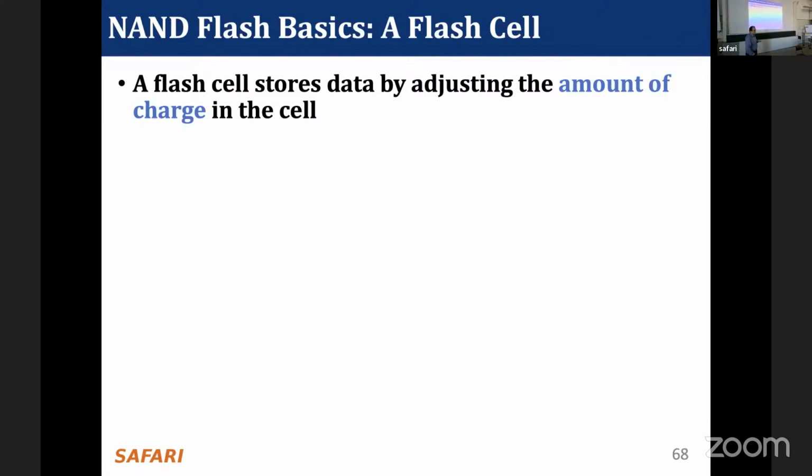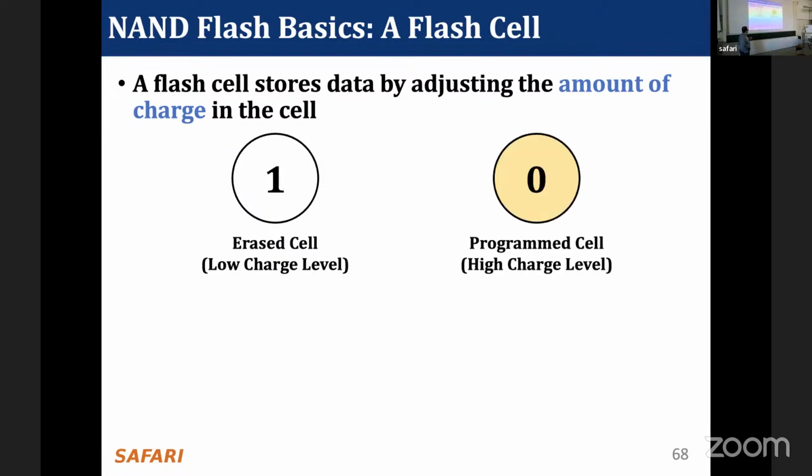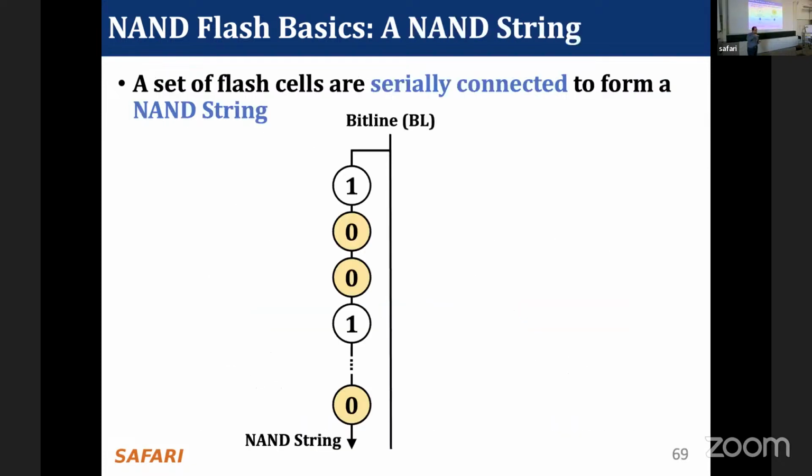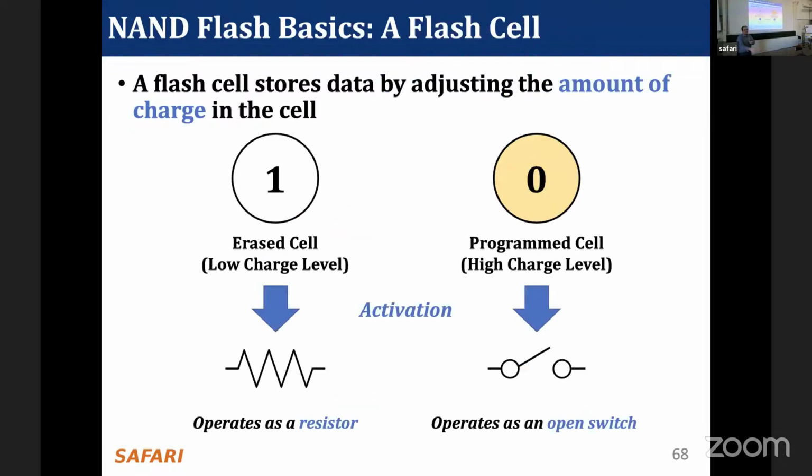Before explaining how we enable all these things, I will provide a brief background on flash memory. A flash cell stores data by adjusting the amount of charge in the cell. This is based on the level of the threshold voltage. A flash cell is actually a kind of transistor, but they add a so-called floating gate between the gate and substrate of that transistor.